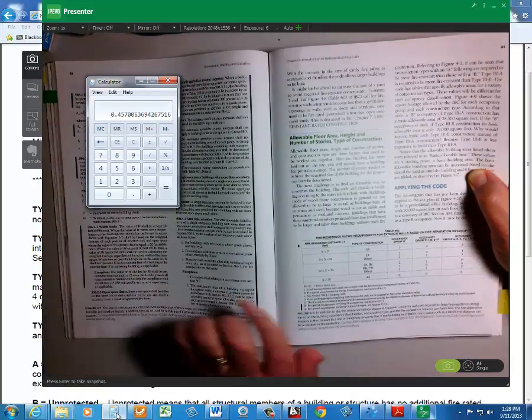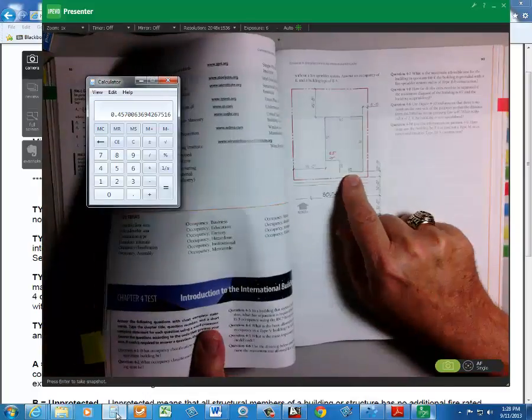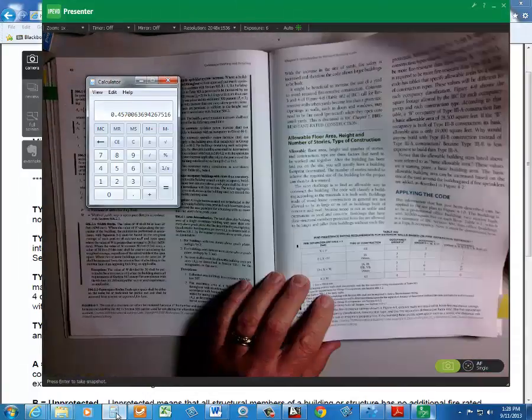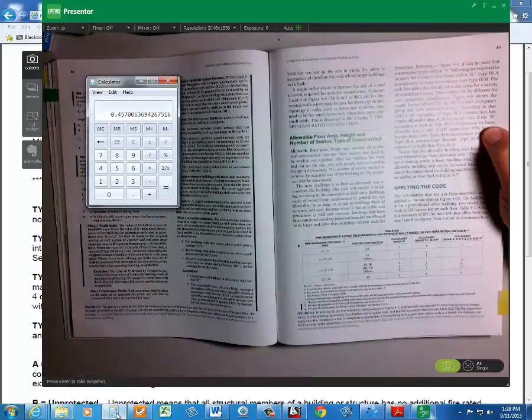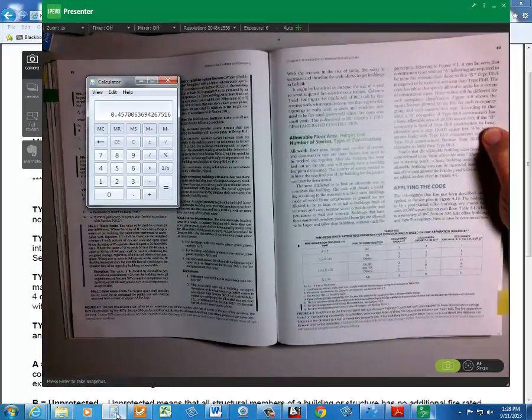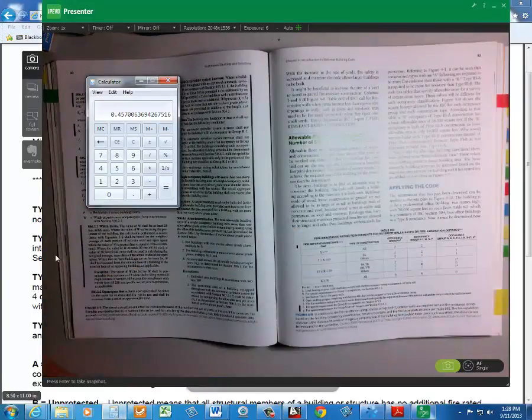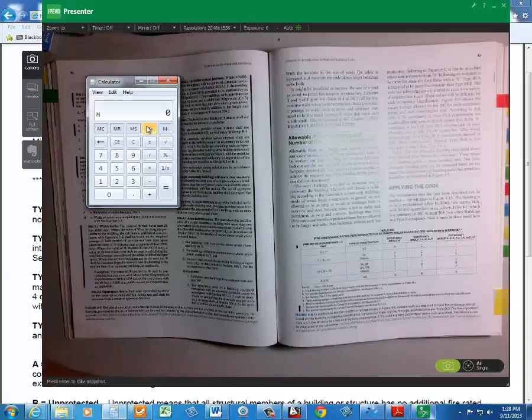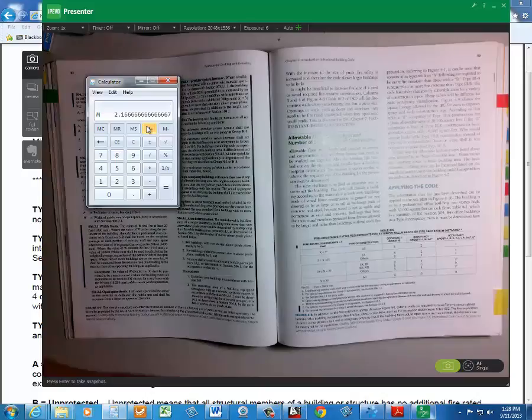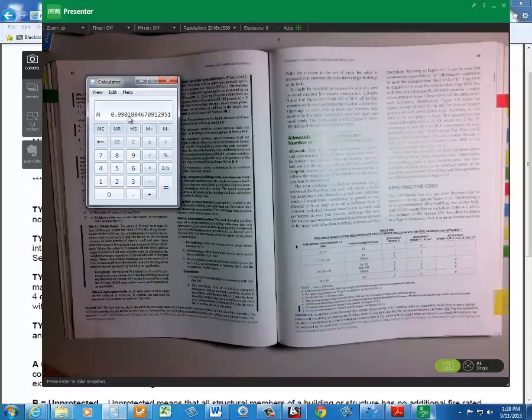It's going to be more than 30 feet, 65 feet. So 65 divided by 30. Then now I can multiply times that number.